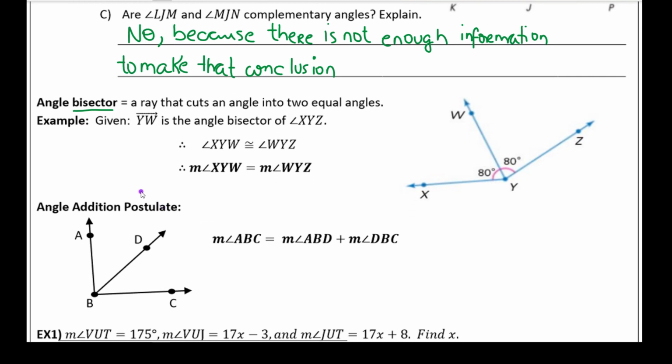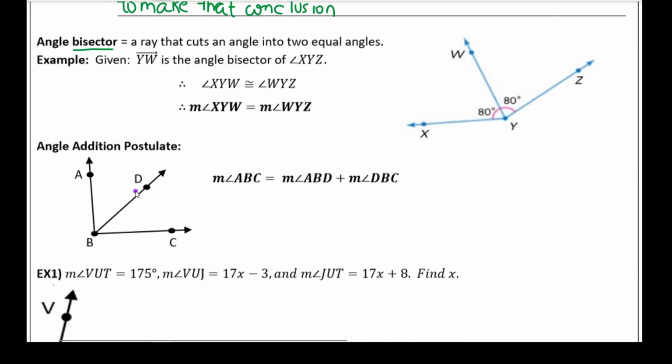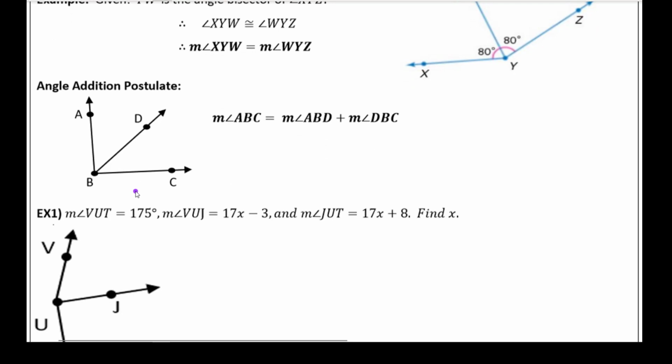Now we're ready to talk about the angle addition postulate, which is very similar to the segment addition postulate. Basically, if you have a drawing like this, you have three angles, two smaller ones and one big one. The postulate says the measure of ABC equals the measure of ABD plus DBC.